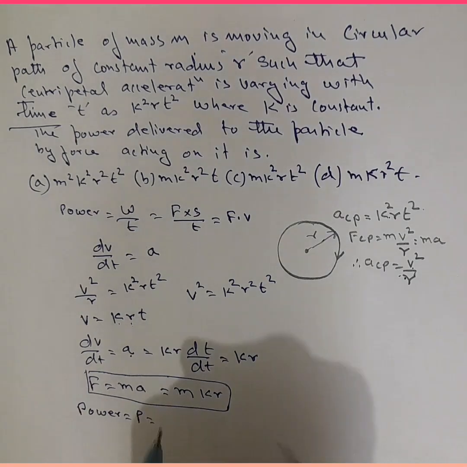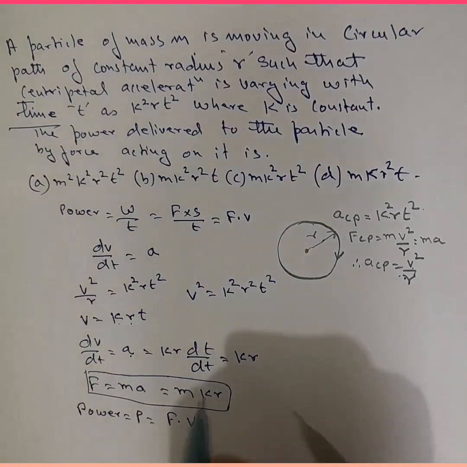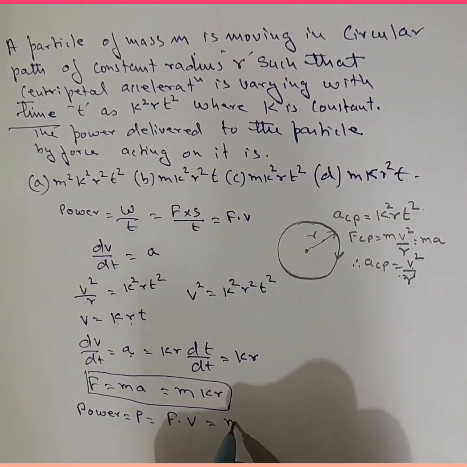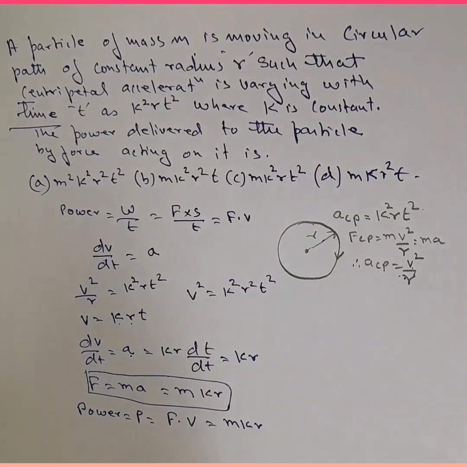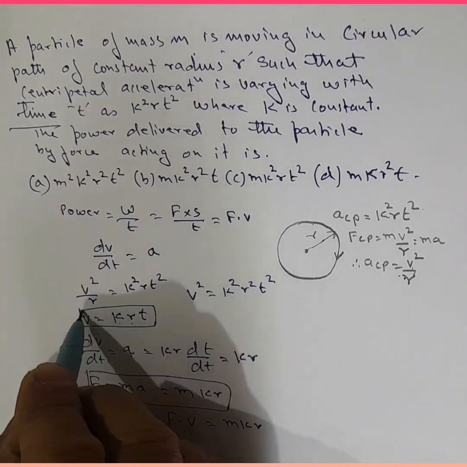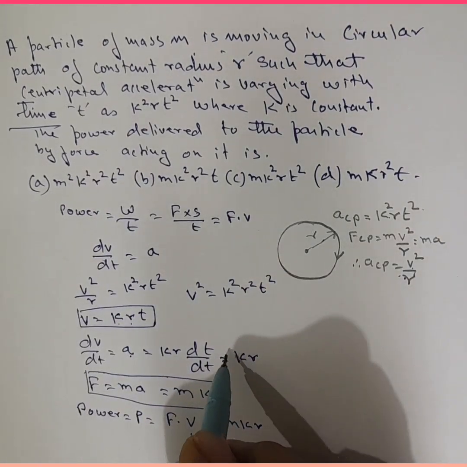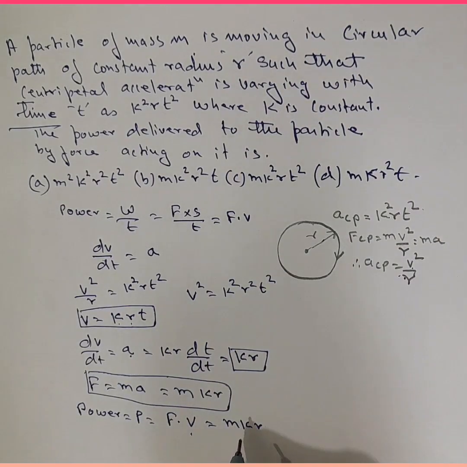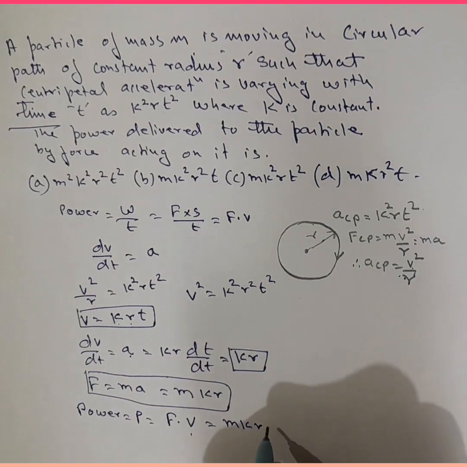P already derived is F into V. F is equal to mkr and V is equal to kRT.